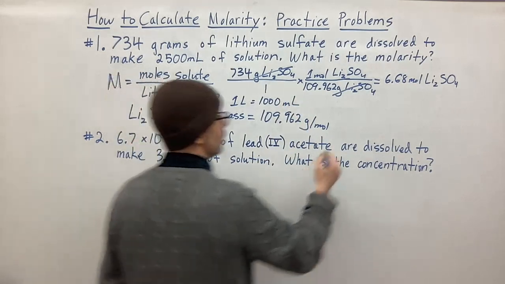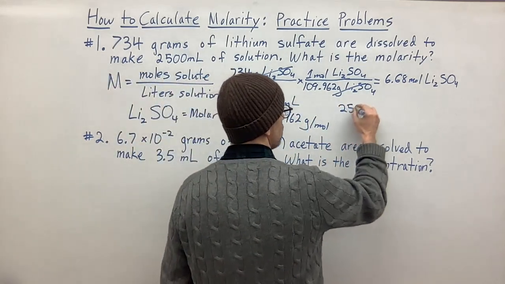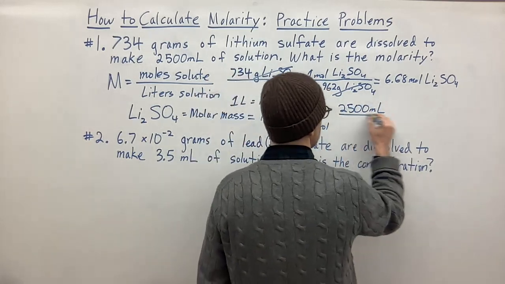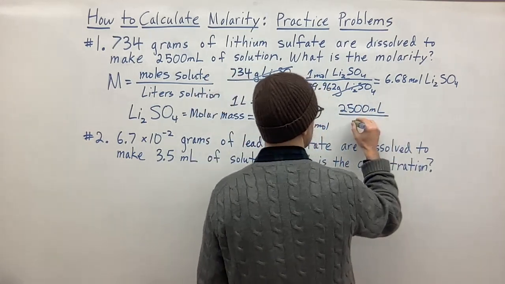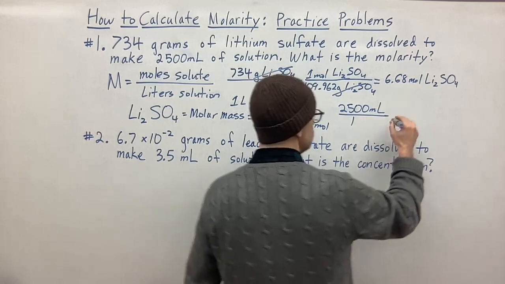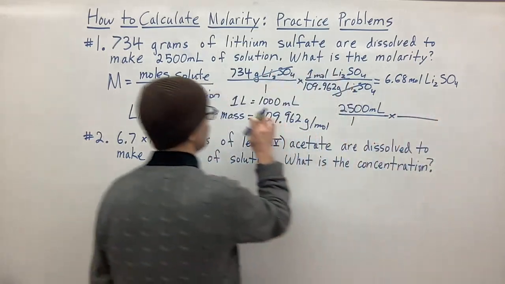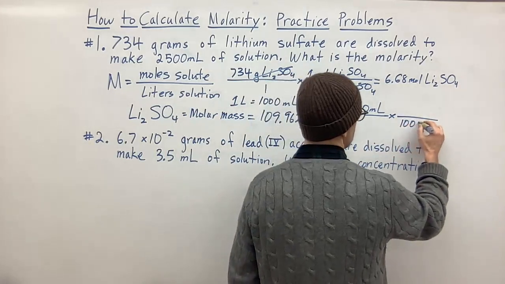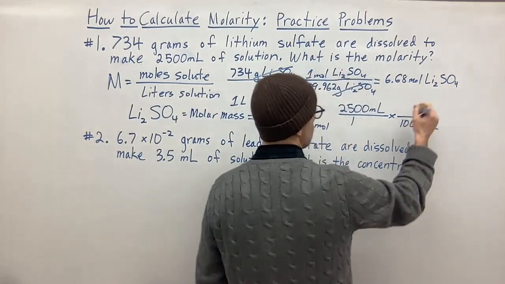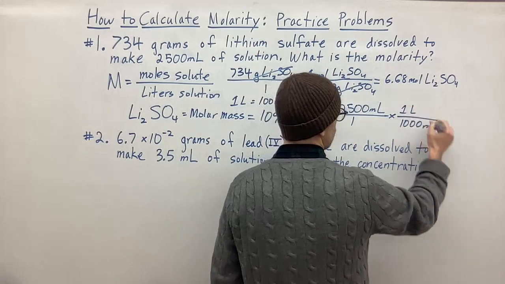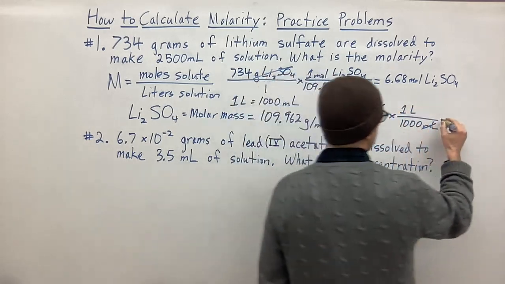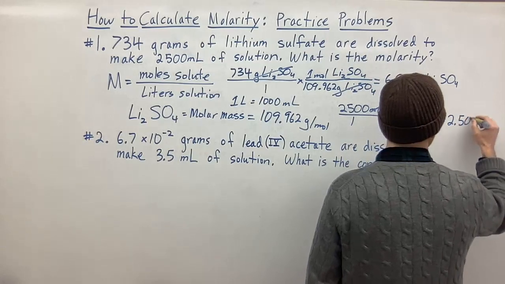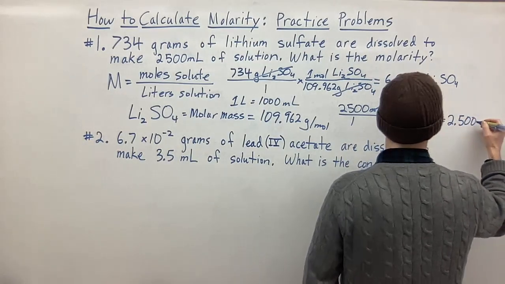So I'm going to use that to convert. I'm going to start with the 2,500 milliliters of the solution that they gave me, over 1. And I'm going to use my conversion factor here. So 1,000 milliliters goes on the bottom and 1 liter on top. Milliliters cancels out, and I get 2.500 liters.